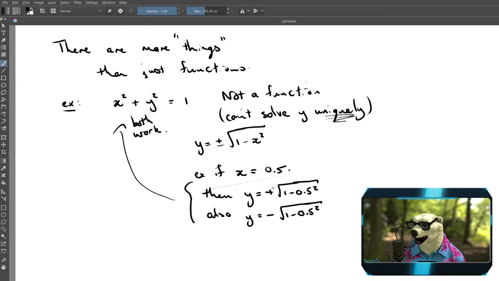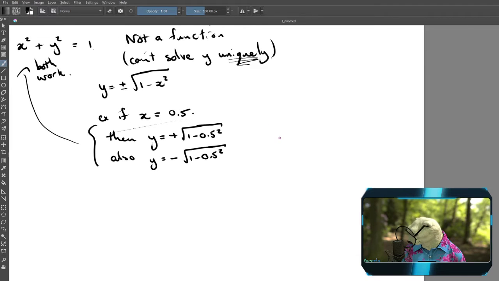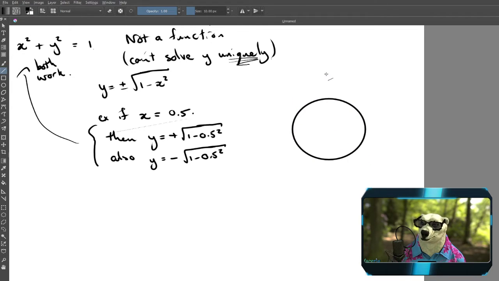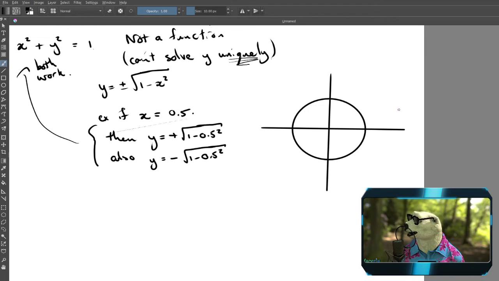So what I get as a graph is, in this case, a circle. I get a circle with radius 1 centered at the origin.